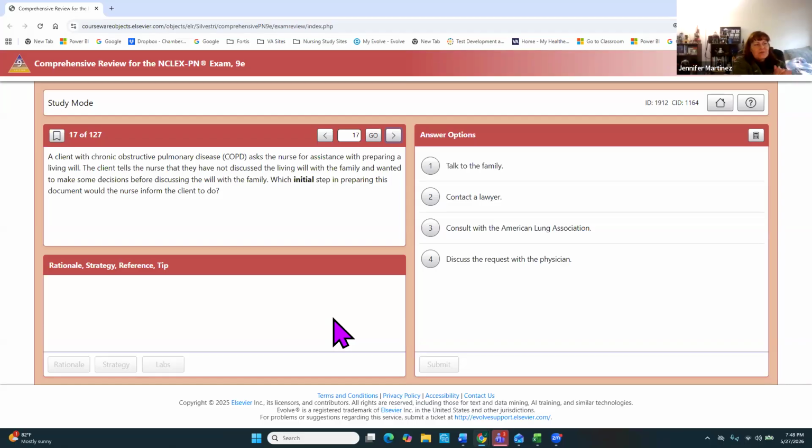What should we tell the client for setting up that living will? The lawyer. Number 2. Okay, I got a 2. Would it be 1? Got a 1. Well, he says he hasn't, what does it say? They haven't discussed the living will with the family and wanted to make decisions before discussing with the family. So he doesn't want to talk to the family.